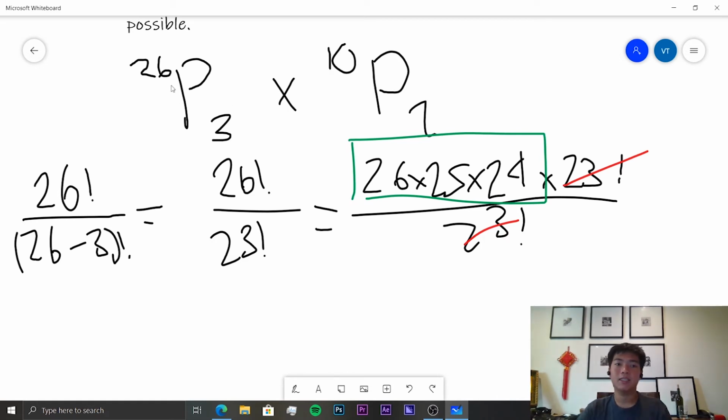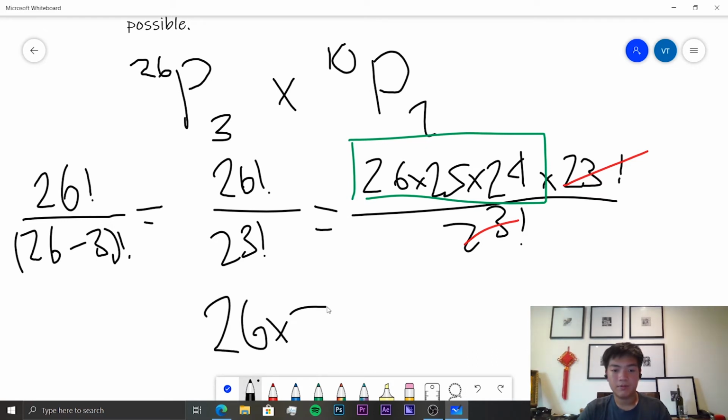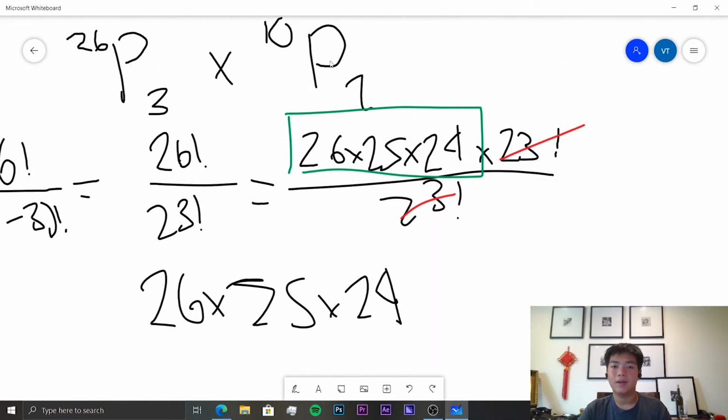In this case, 26 permute 3 would be 26 times 25 times 24, and we can use the same trick for 10P2: we count backwards from 10 the number of distinct things we need to pick, and that's just 10 times 9, since there's only 2.